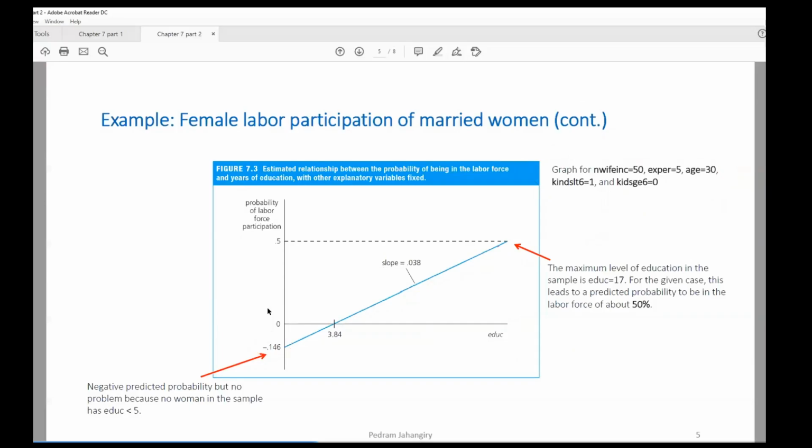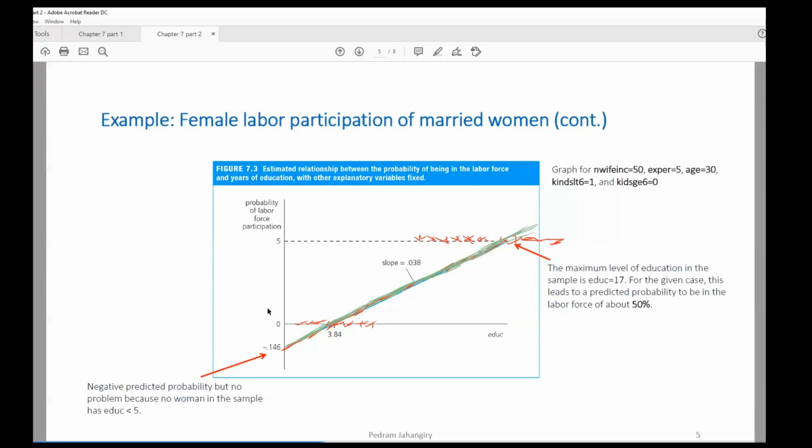We know that the real values are going to be either participate in the labor force, these are the real Y's, or not participate in the labor force. Okay, we are using OLS, and OLS tells us that this is the best fitted line that minimizes the residual squares, and that's it.